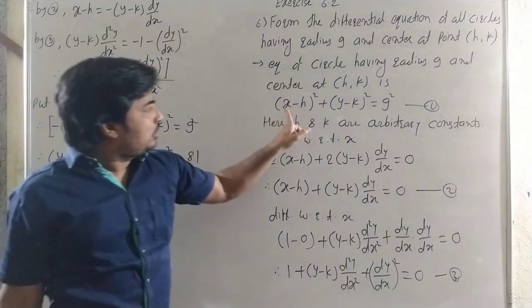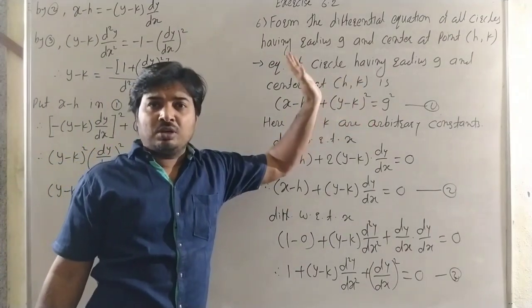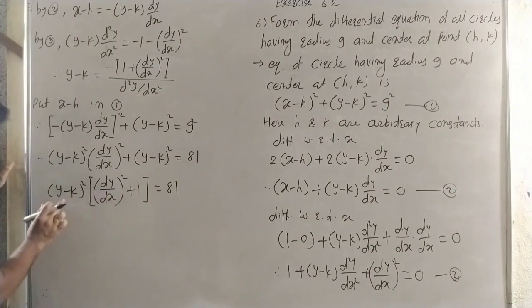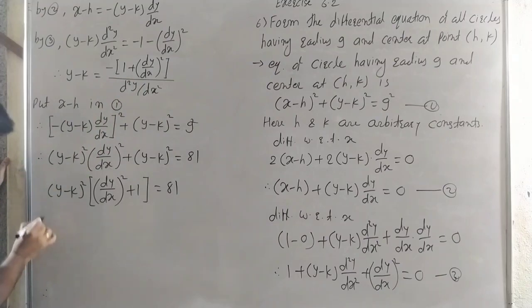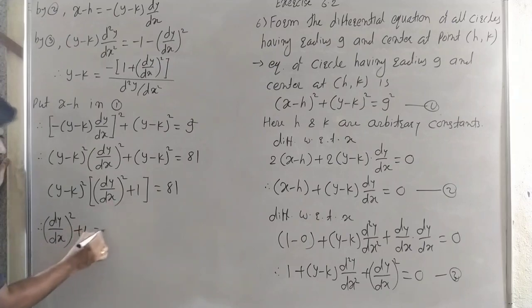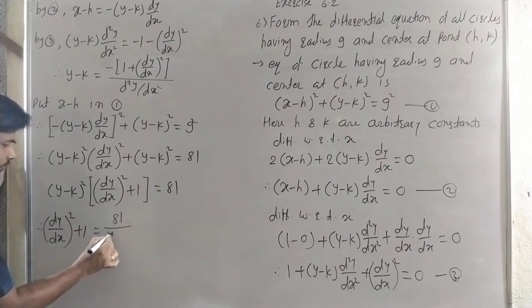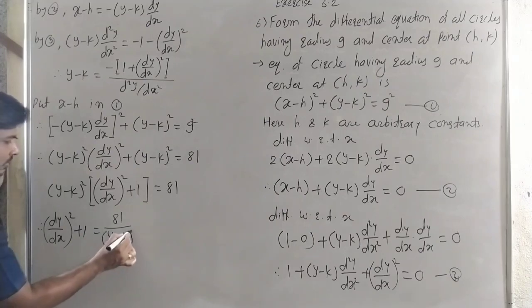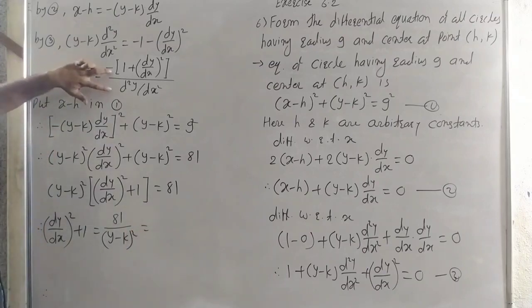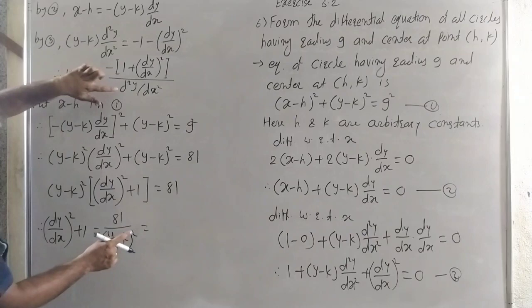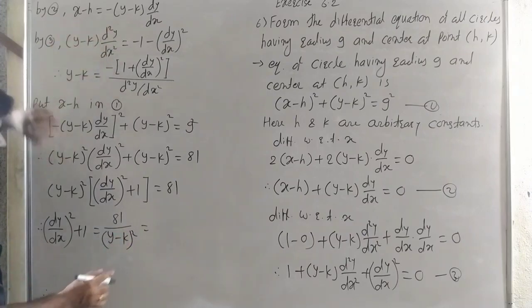Now we put the value of x − h in equation number 1, we get this equation. Therefore for y − k squared, we put the value of y − k. One more step we can write here: (dy/dx)² + 1 is equal to 81 upon (y − k)². Here y − k is this, and 1 by y − k, so this numerator we can write in the denominator.